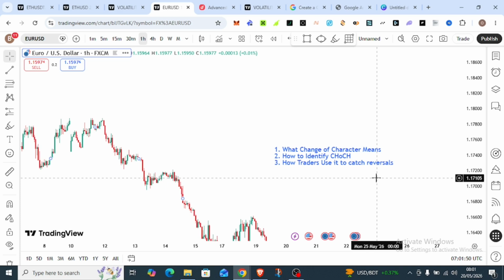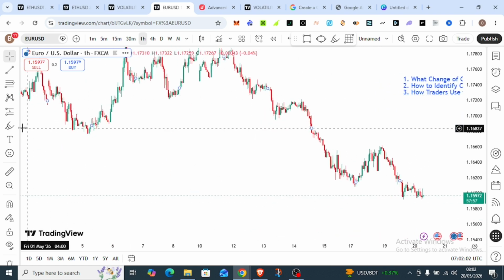A change of character happens when the market shows the first sign that the current trend may be weakening. Let me explain with an illustration.